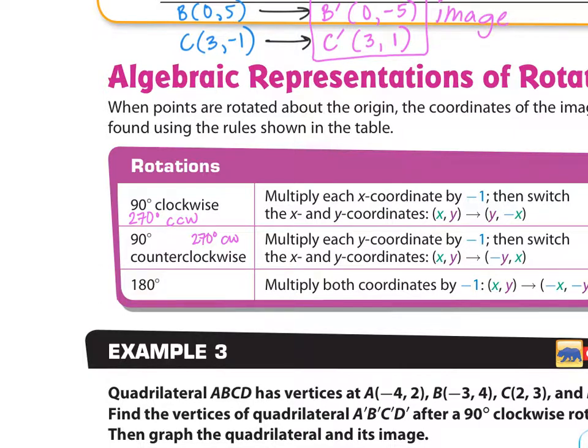And then lastly, the 180 degrees is the same if we go clockwise or counterclockwise, right? It doesn't really matter. If I go halfway around the circle one way, it's going to be the same as going halfway around the other way. And then the rule, you see that to the right. Okay, so let's try the your turn.